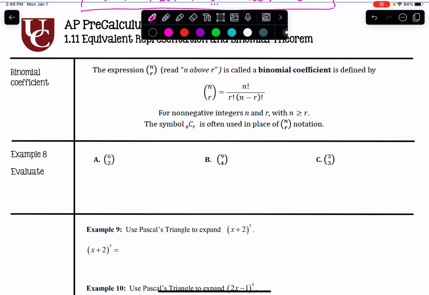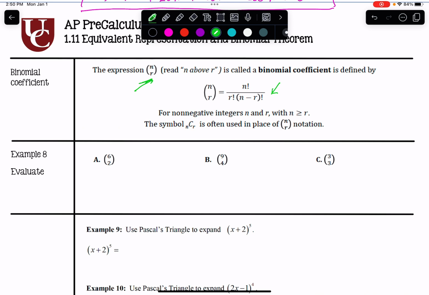I would be remiss not to talk about the binomial coefficient. Remember when we had the n over 1, n over 0, n over 1. You can also write that in this format and figure it out that way.